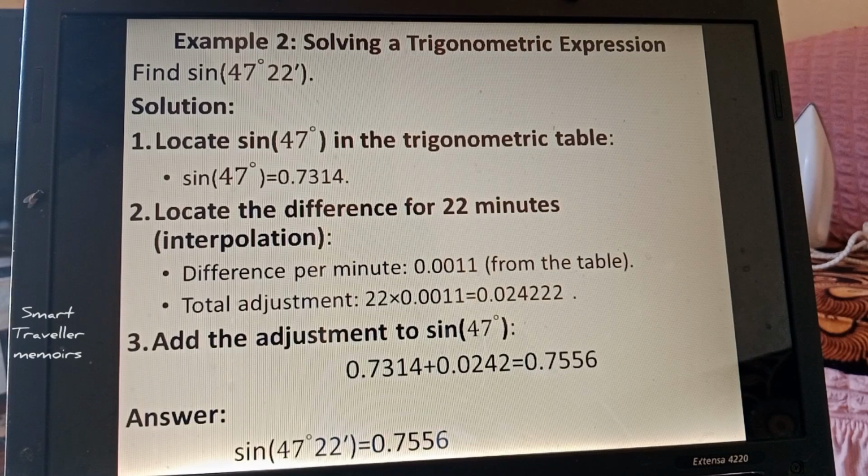Total adjustment will be 22 times 0.0011, which is 0.0242. Add the adjustment to the sine of 47 degrees: 0.7314 plus 0.0242 is equal to 0.7556. Therefore, the sine of 47 degrees 22 minutes is 0.7556.